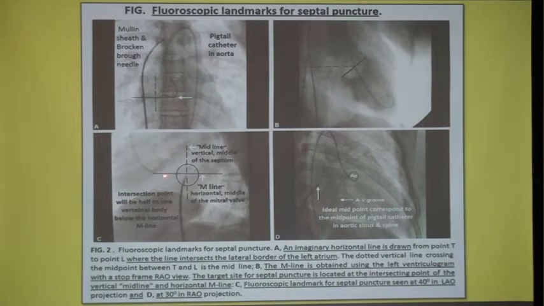Then the intersection point will be half to one vertebral body below the horizontal M line. I again repeat, the intersection point will be half to one vertebral body below the horizontal line. Here this is the pigtail, this is the vertebral spine. So the ideal midpoint corresponds to the midpoint between the pigtail catheter in the aorta and the spine. This is the midpoint. Here you have to puncture.